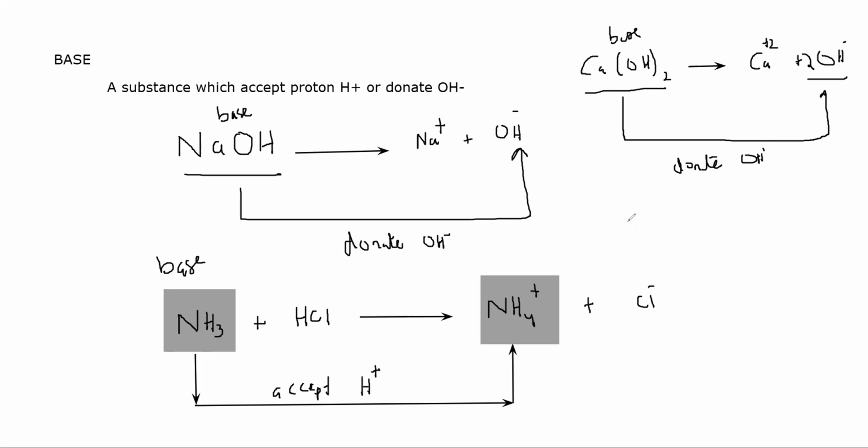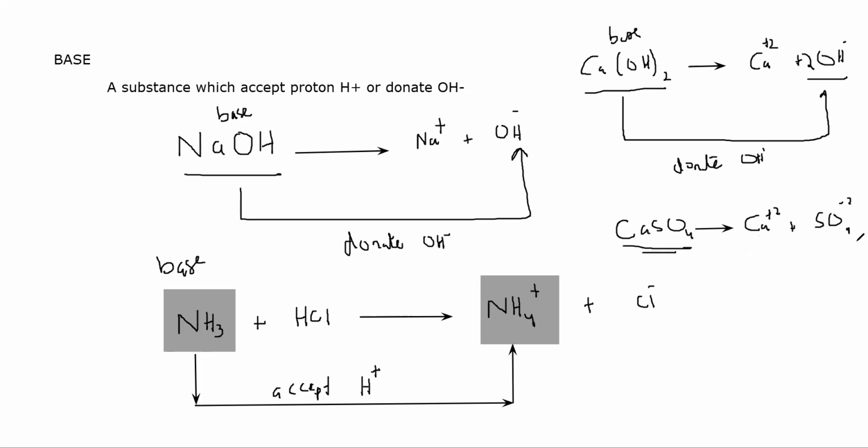If I write CaSO4, calcium sulfate, and it breaks down into calcium ion and sulfate ion. Is this a base? Calcium sulfate dissociates into calcium plus 2 ion and sulfate minus 2. Is this a base?